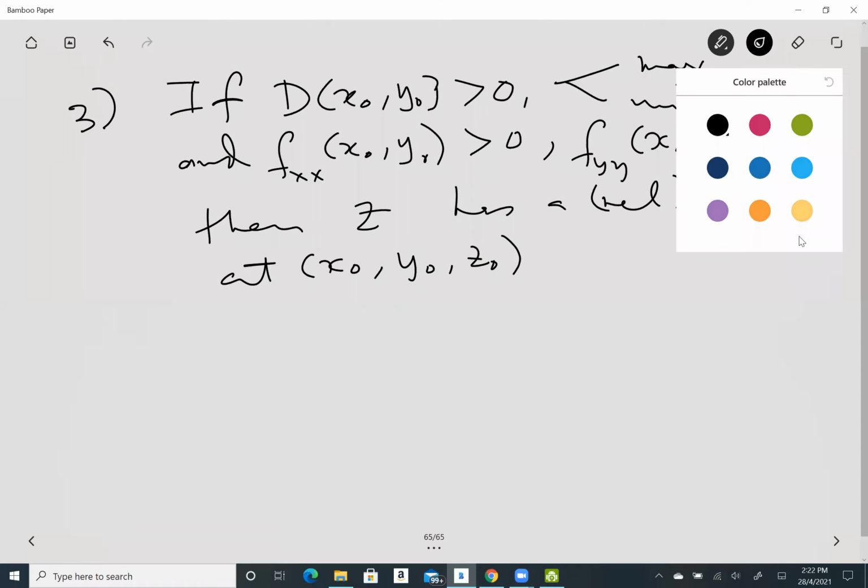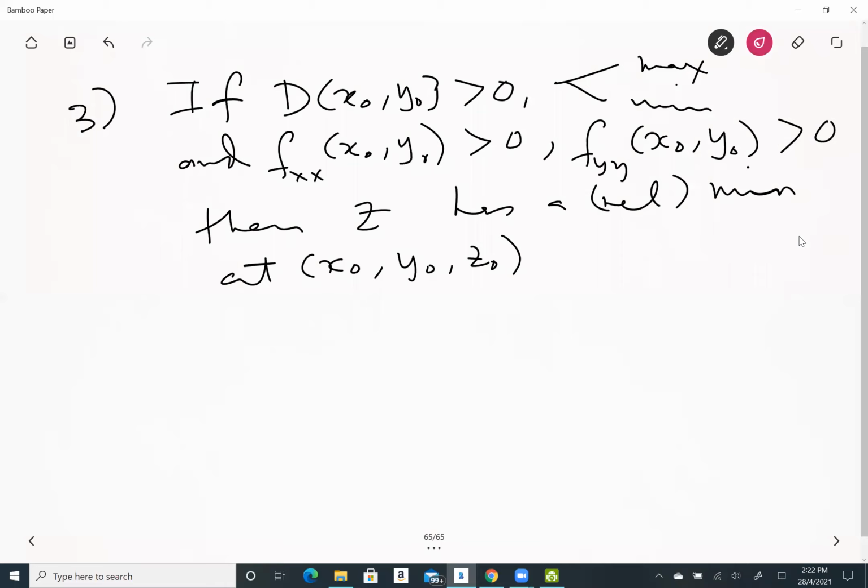D is only the first condition. If D is positive, then you can have a maximum or minimum. You need to look at fxx and fyy. If both of them are positive, then only we can conclude the function has a minimum at that point. Okay, so this is 3A.